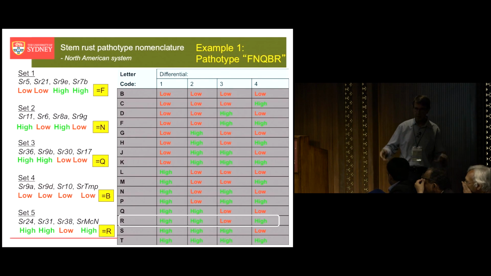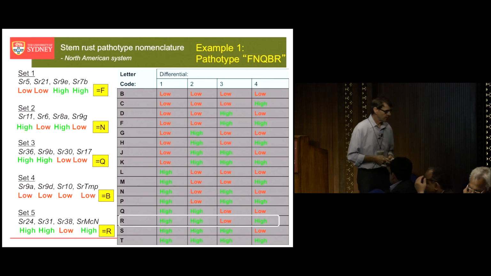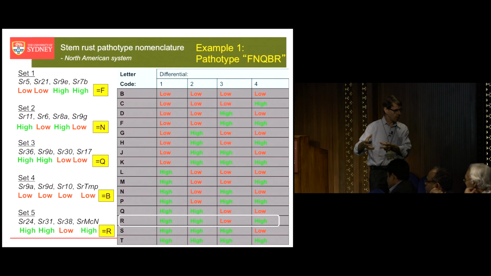It's like saying, let's take a group of people and we're going to classify them based on eye colour. You can say, well, we have people with brown eyes, we have people with green eyes, we have people with blue eyes. But obviously there's variation within the people with the blue eyes. There's variation within the people with green eyes, and variation within the people with brown eyes. So we're only using a limited number of genetic traits to characterise these pathotypes.